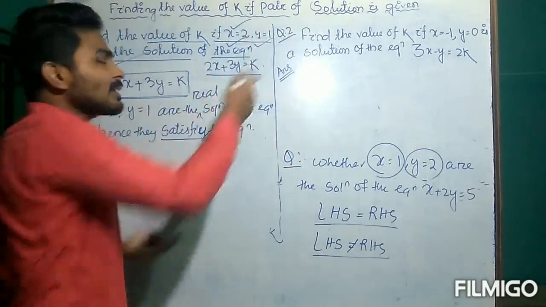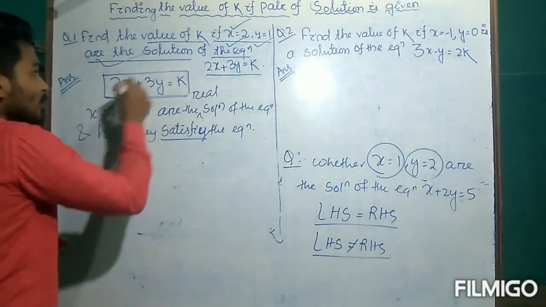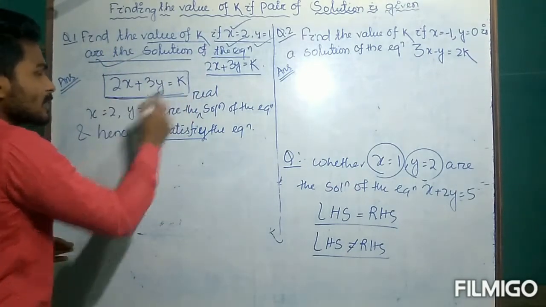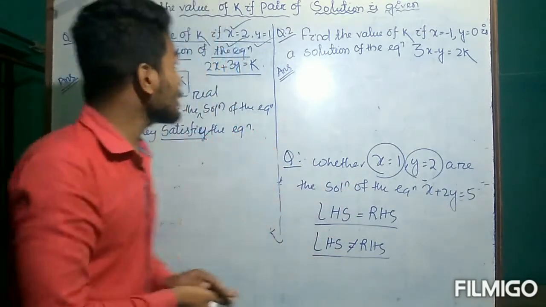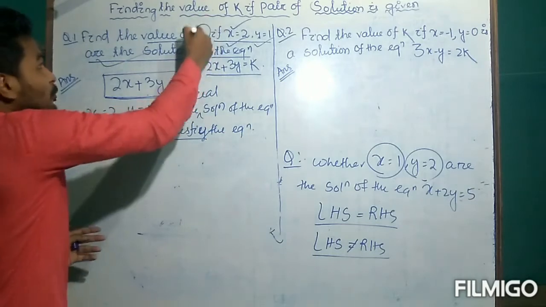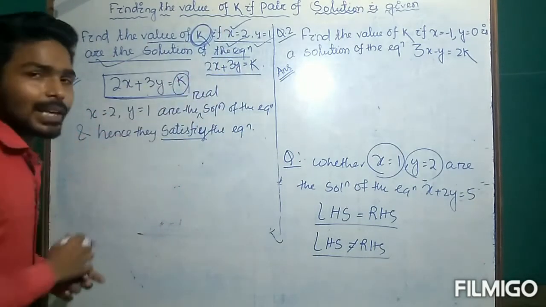Why? Because these two are the real solution. And now we have to find the value of k from the equation.